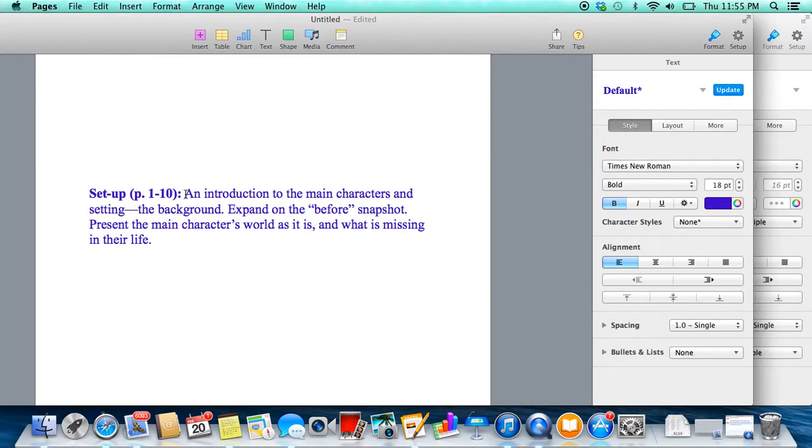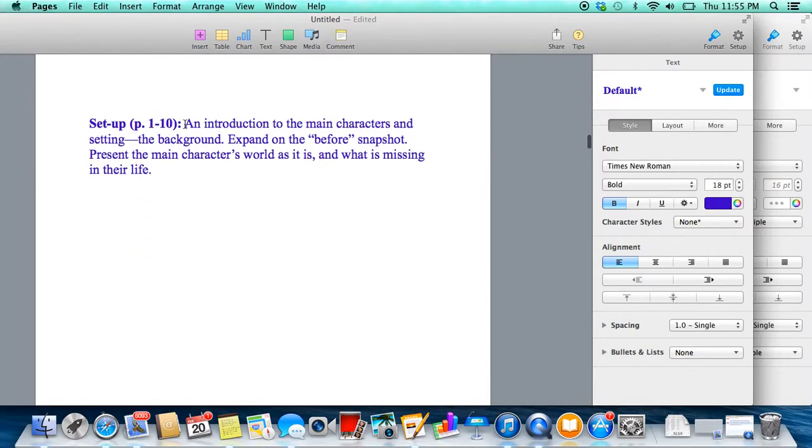Okay, so moving on to setup, which is the third beat. This is an introduction to the main characters and setting. When you see pages 1 through 10, these are the pages of a screenplay, so this is happening in minute 1 through minute 10 of a film.